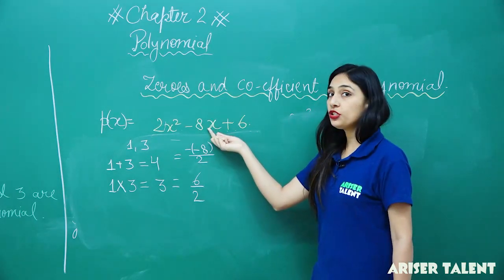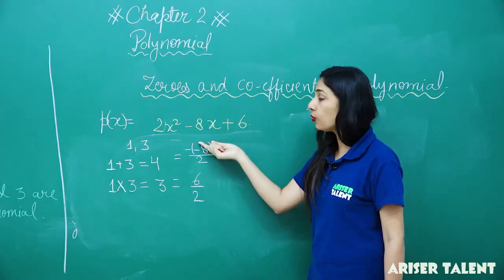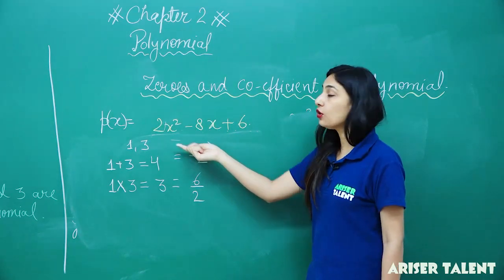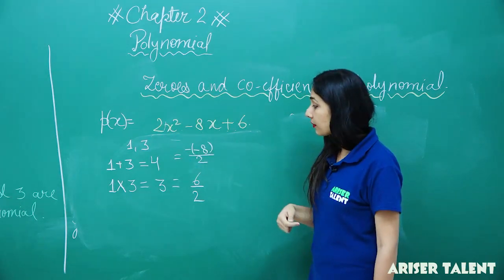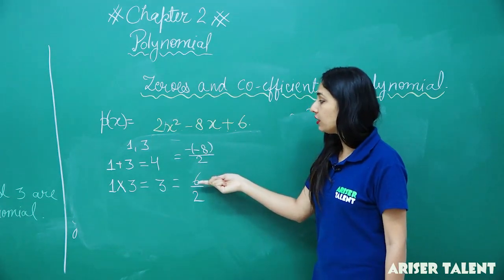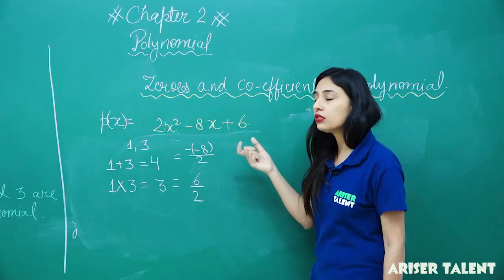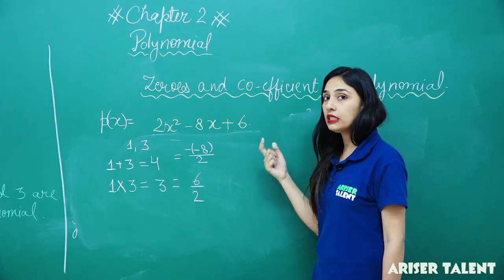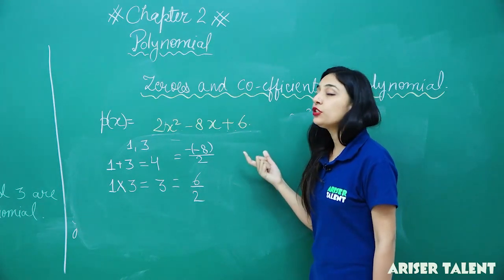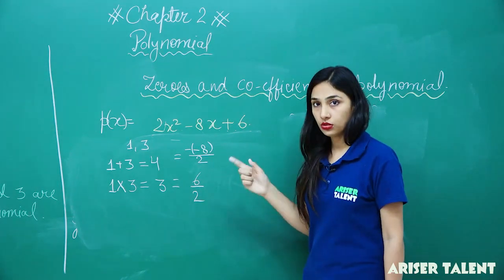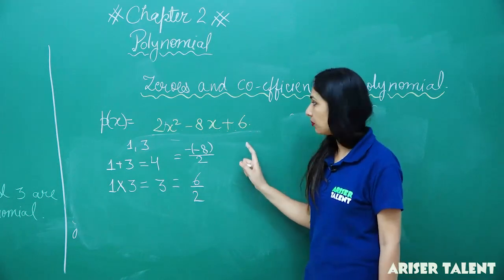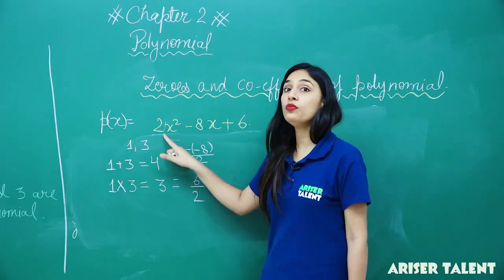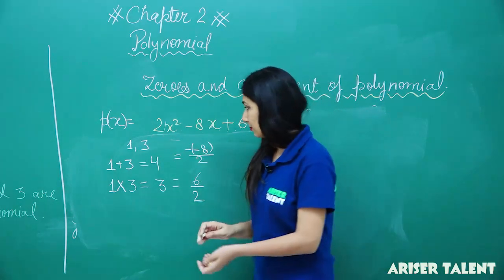Yes, the coefficient of x in this polynomial is minus 8. 2 is the coefficient of x square. 6 is not a coefficient, it's the constant term in this polynomial. You can also say it is the coefficient of x to the power 0. So basically it's the constant term, divided by 2. 2 is again the coefficient of x square.